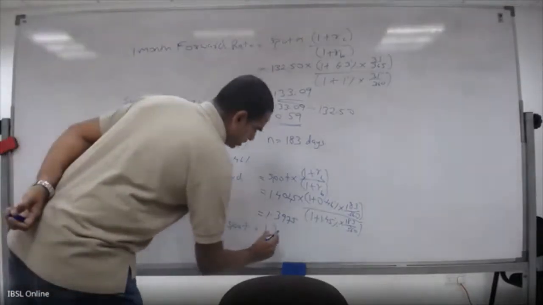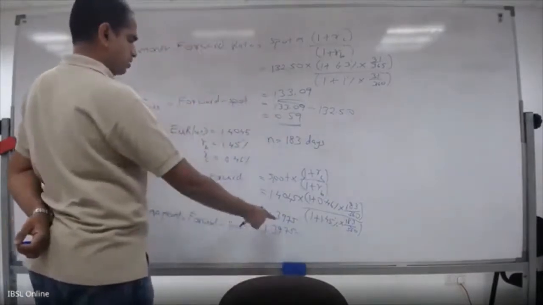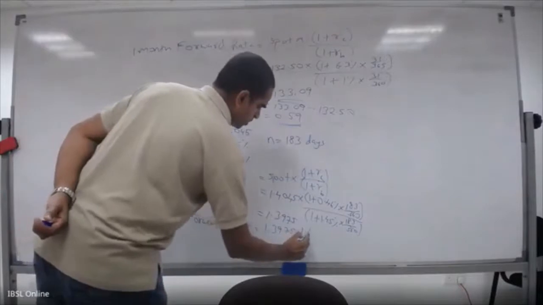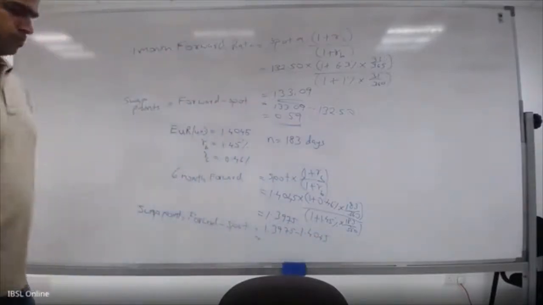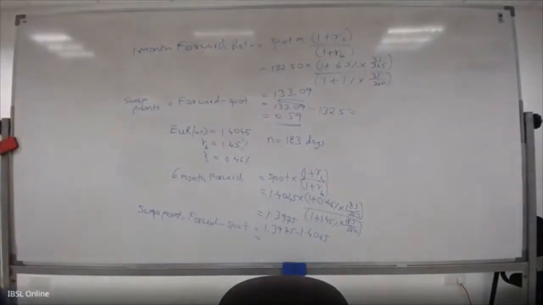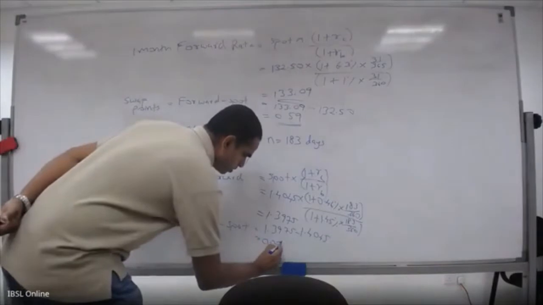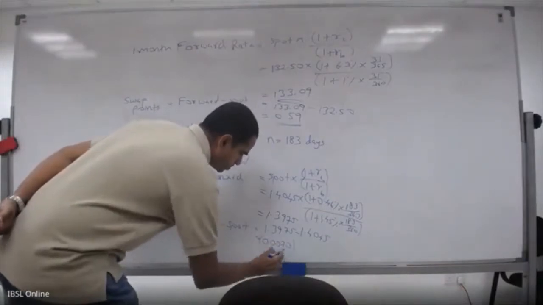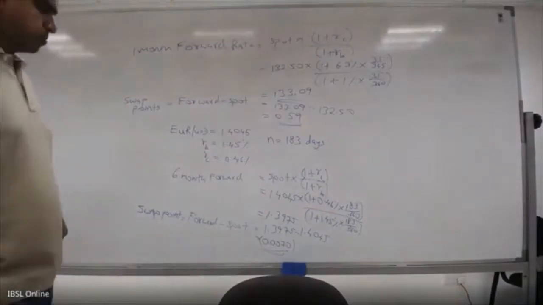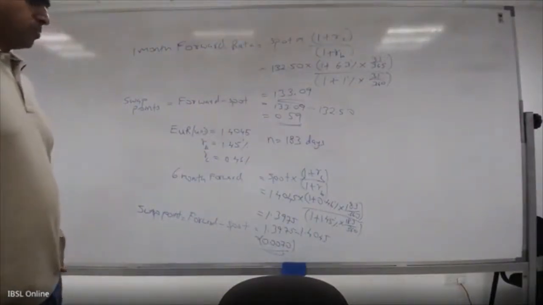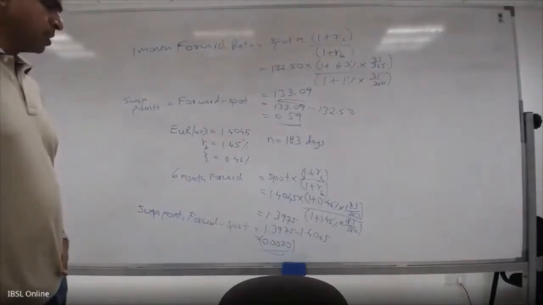It's 1.3975 minus the spot, which is 1.4045. That gives 0.007. It is negative. Swap point is negative. This is what I get, a negative swap point of 7.